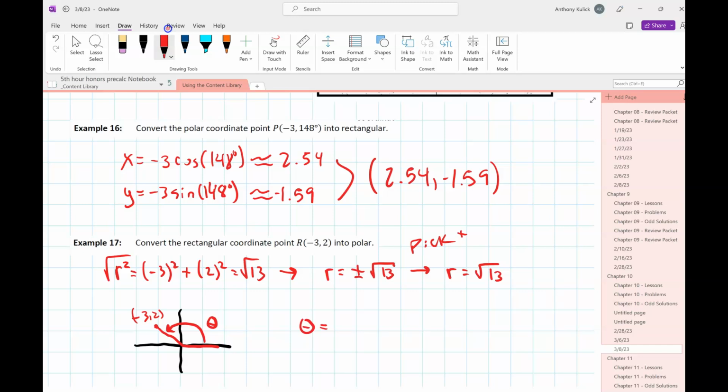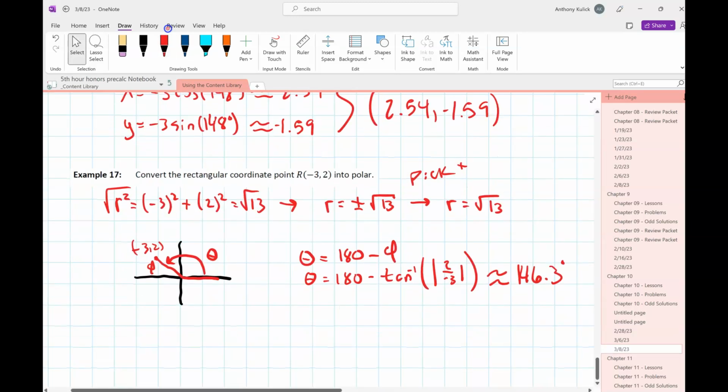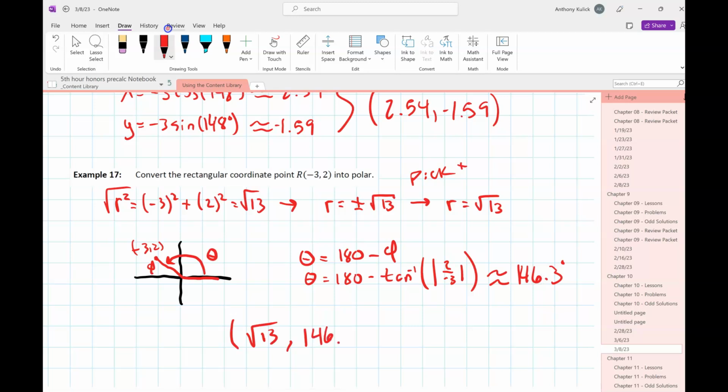So theta is going to equal 180 minus phi, which is what I usually use, where phi is tan inverse of the absolute value of y over x. When I do that, I get about 146.3. And I'll do that in degrees because it didn't tell me specifically to use radians, so I'll just do it in degrees.